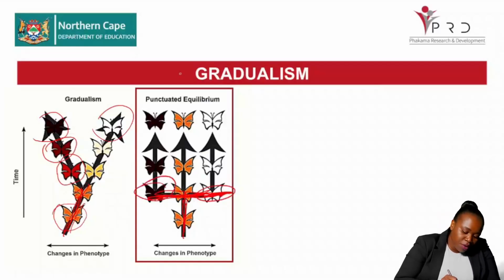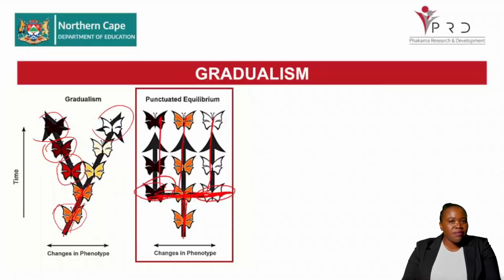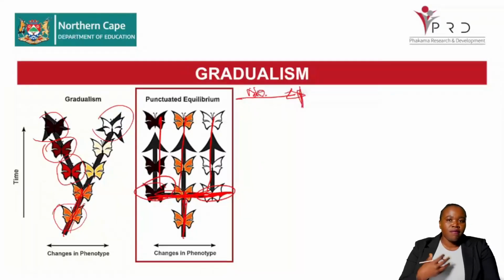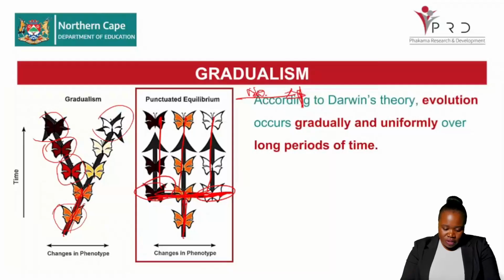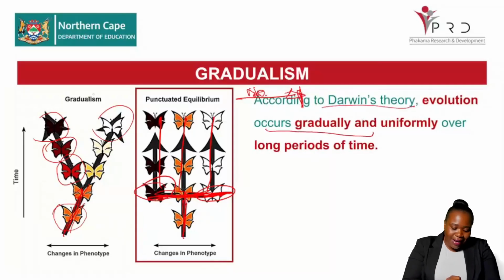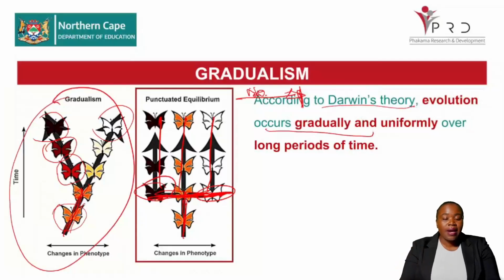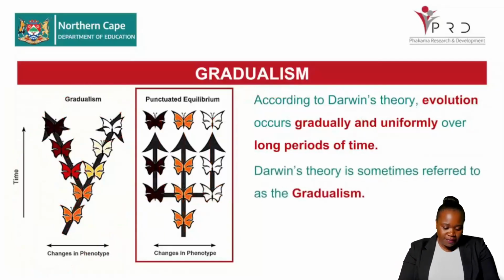And then long periods of time with no changes. So punctuated equilibrium is characterized by a long period of time of no change and short periods of time with very quick and rapid changes. So according to Darwin's theory, evolution occurs gradually. So this is gradualism, and it takes place over a long period of time.